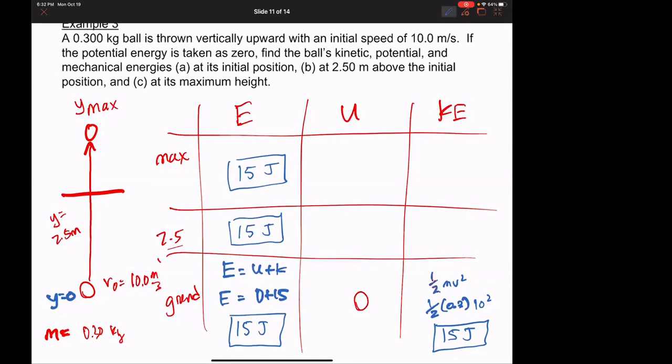Now at 2.5 meters, we don't know the kinetic energy. We don't know how fast it's going. We do know the height though, so we can find U, which is mgy. So this is 0.3 times 9.8 times 2.5, which is 7.35 joules.